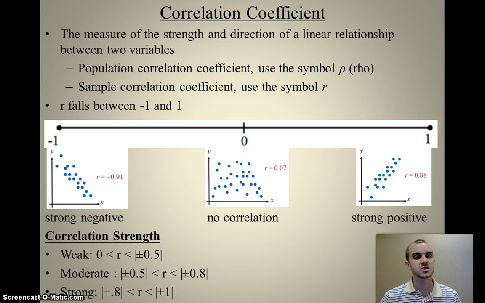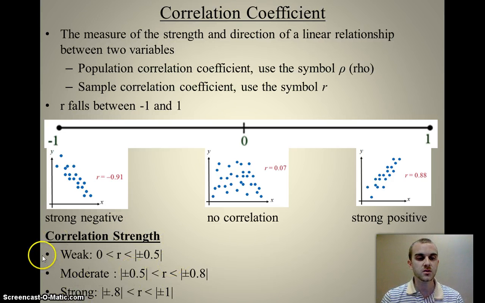Our correlation coefficients must always fall between -1 and +1. The closer it is to -1, the more negative that relationship is, and the closer it is to +1, the stronger the positive relationship is. If you have a correlation that's almost at 0, that is saying that there's no actual correlation, no relationship between your independent and your dependent components.